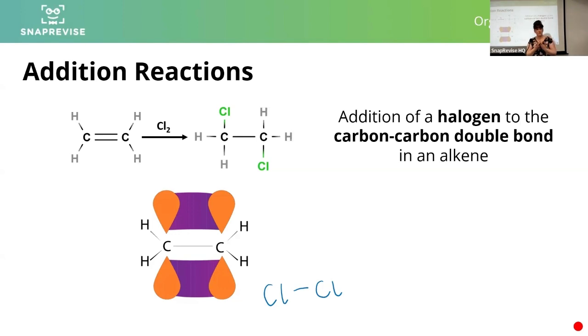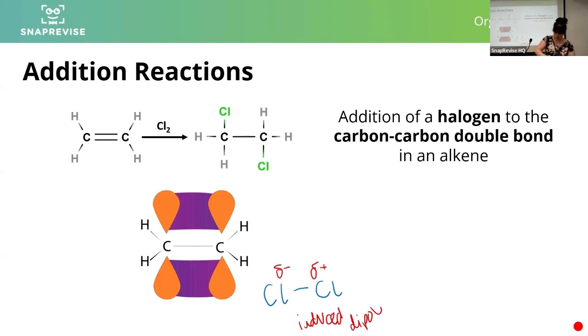So there's no polarity, there's no dipole across the bond. But when a chlorine molecule comes close to an area of high electron density, the negative electrons in the high electron density are going to repel the electrons in the bond and induce a dipole.